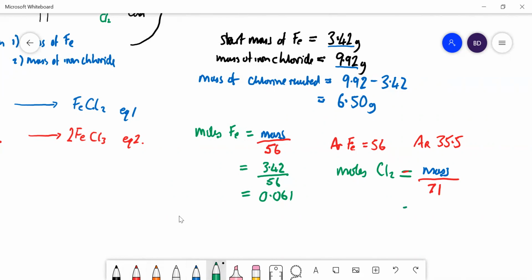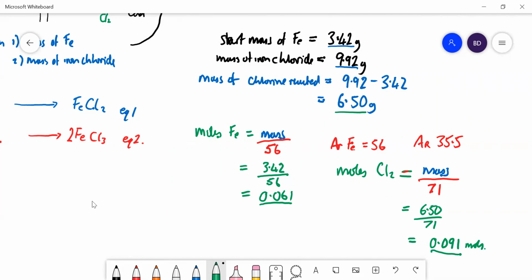So the moles are equal to the mass over 71. The mass of chlorine we worked out earlier was 6.5 grams over 71. That is equal to 0.091 moles.